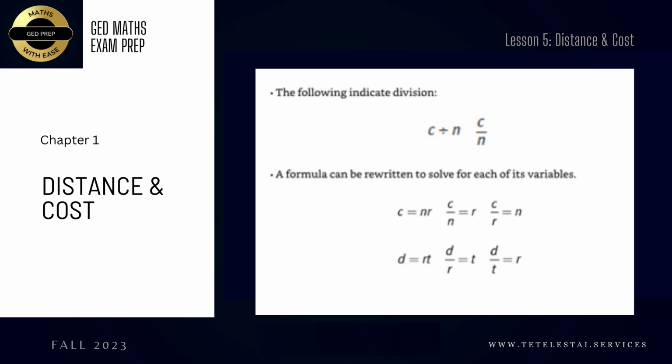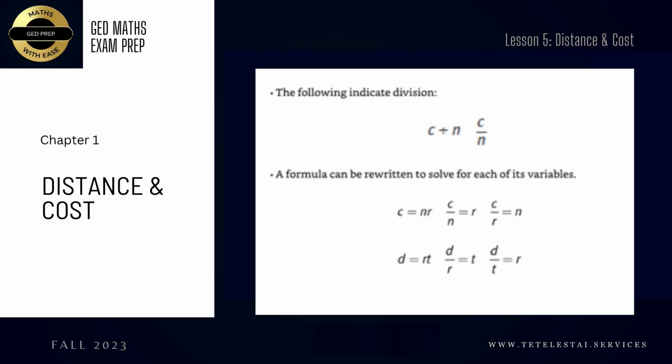what you would do is divide both sides by n, right? And on this side, since we have n here, the n in the dividend would cancel the n in the divisor, okay? You can think of them as equal parts, and you would be left with r. Your final operation would be C divided by n equals r, right?